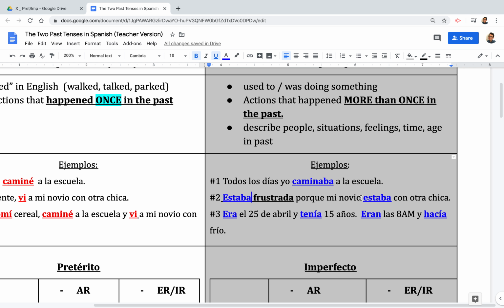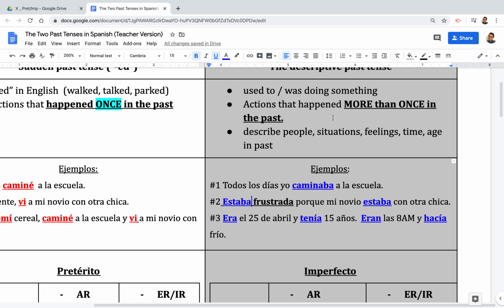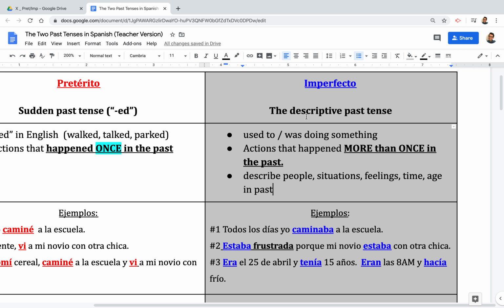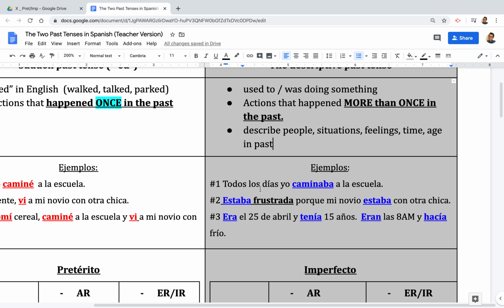Again, this is an action that happened more than once in the past, or I'm describing people, situations, feelings, time, and age in the past tense, so I am using the imperfecto or the descriptive past tense. Example number 3 says, era el 25 de abril y tenía 15 años.